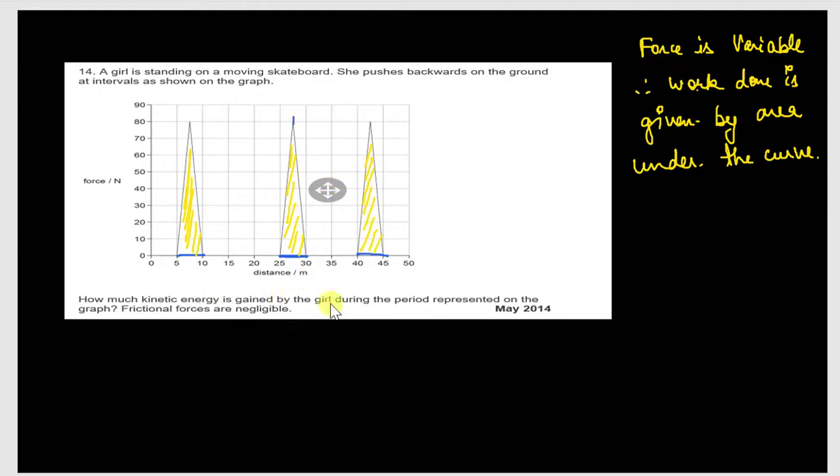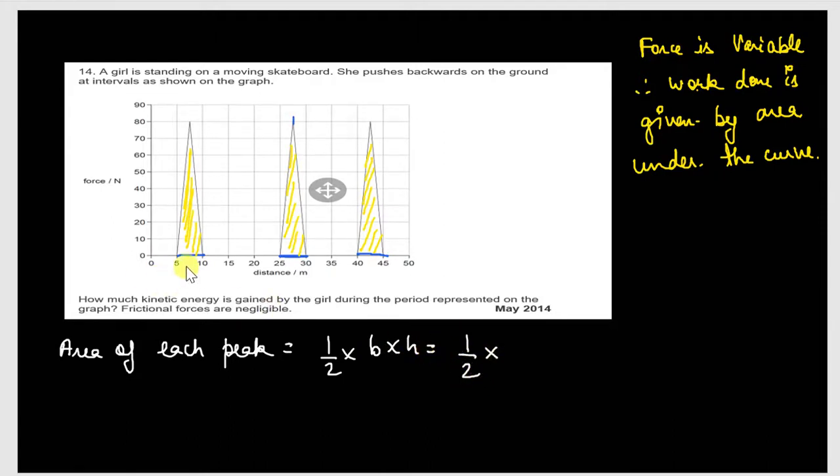So what shall we do? We'll find the area of each peak, because as you can see these are triangles. So area of each peak is equal to half times base times height. Base of each triangle is 5 meters, and each time the force rises up to a height of 80 newtons.